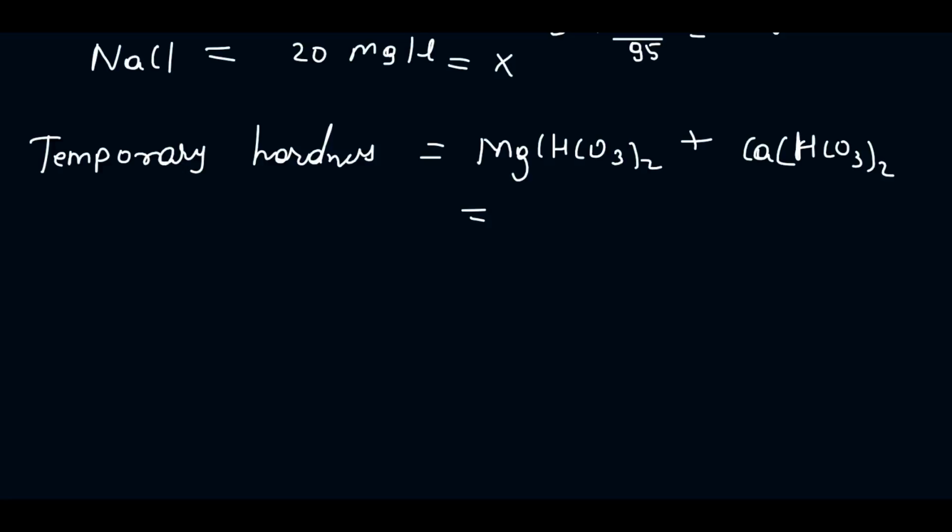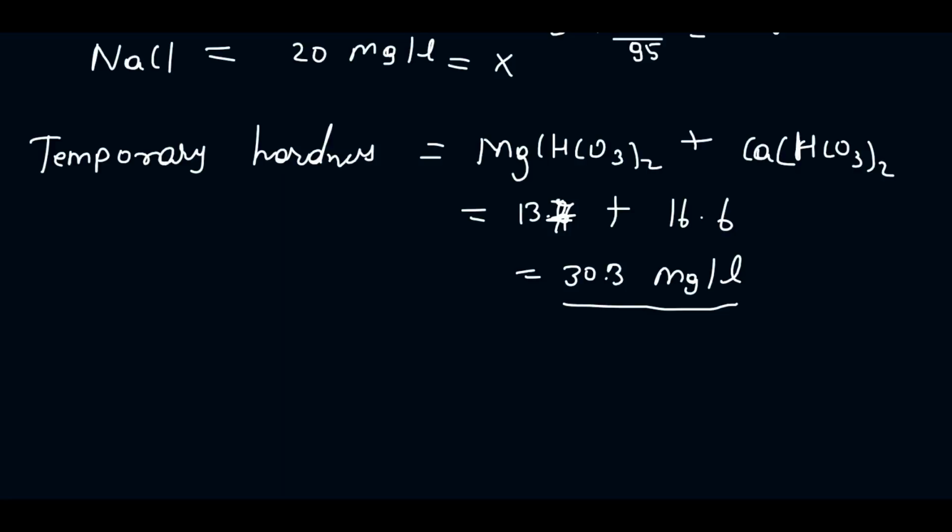For the Mg(HCO3)2, the hardness above was 13.7. For Ca(HCO3)2, there was 16.6. Therefore, the total is 30.3 milligram per liter. So this much temporary hardness is present in the water sample.